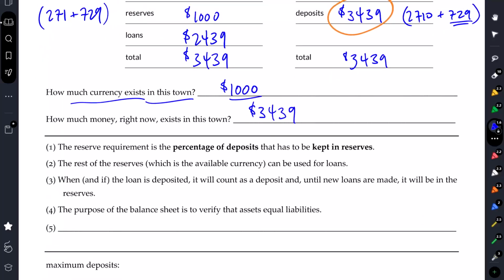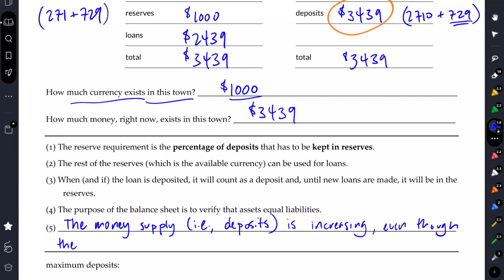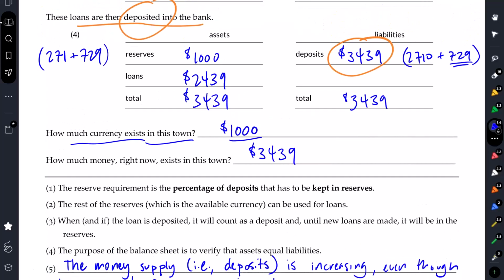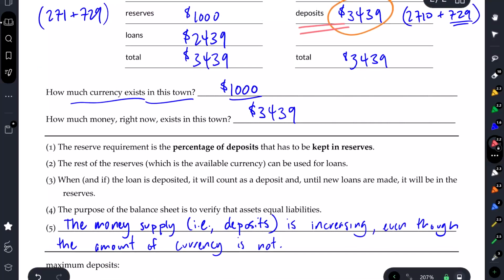Okay, so the money supply here, the entire money supply is bank deposits, savings or checking deposits.